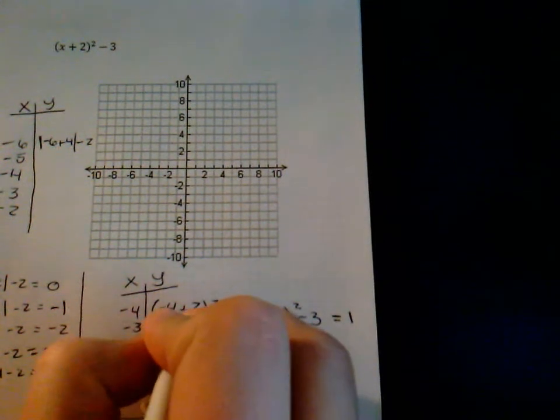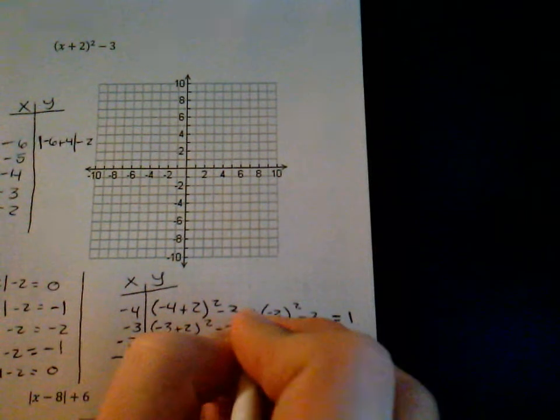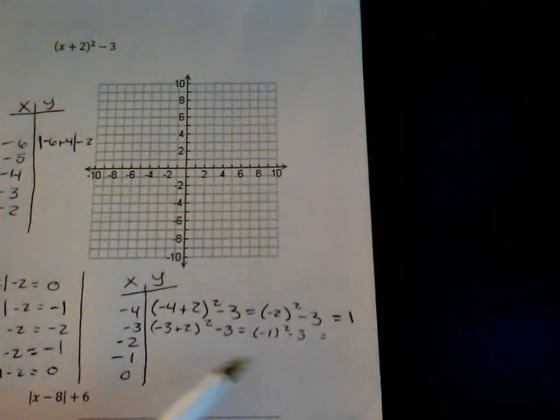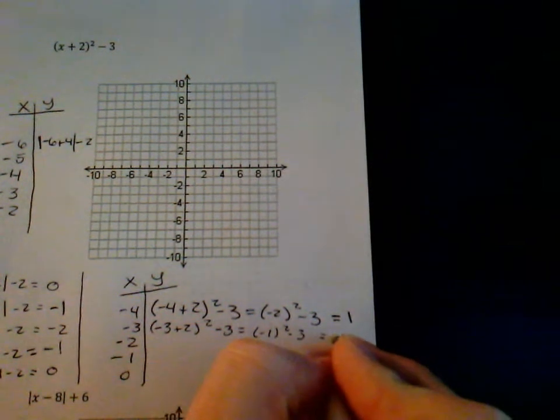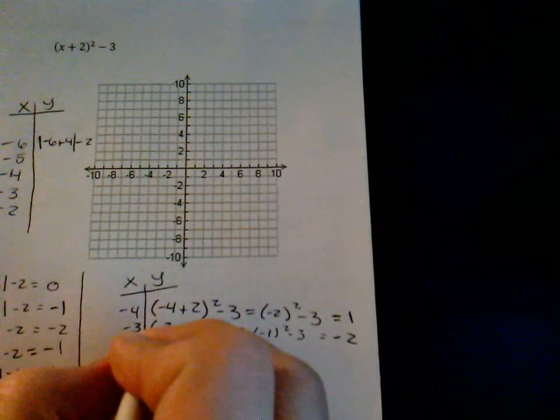So let's do this for the rest. Negative 3 plus 2 squared minus 3 equals negative 1 squared minus 3. So negative 1 times negative 1 is a positive 1, minus 3 is negative 2. Then let's do negative 2.